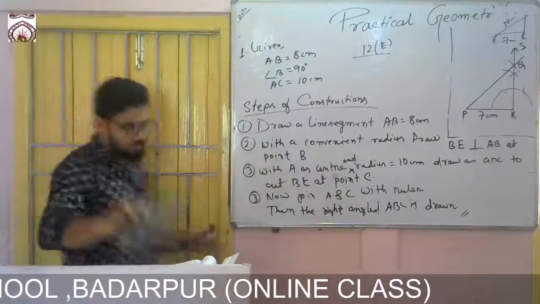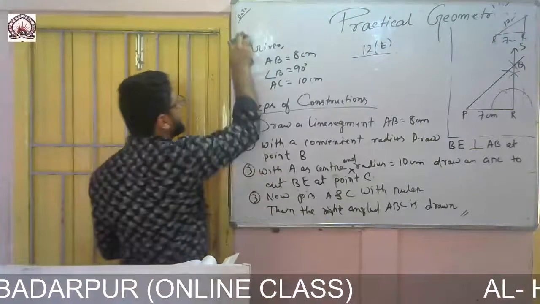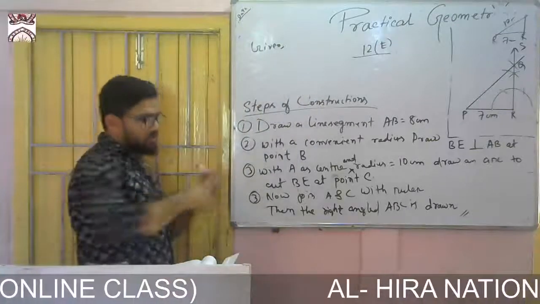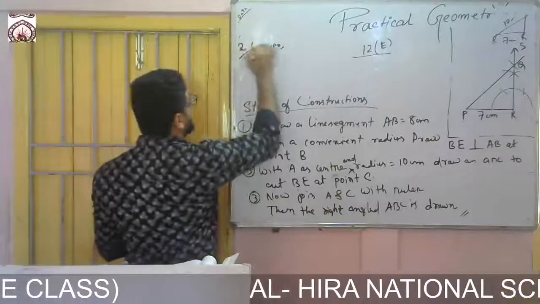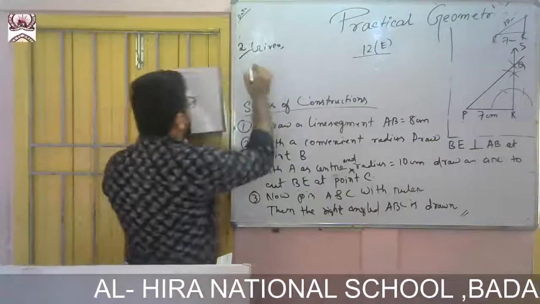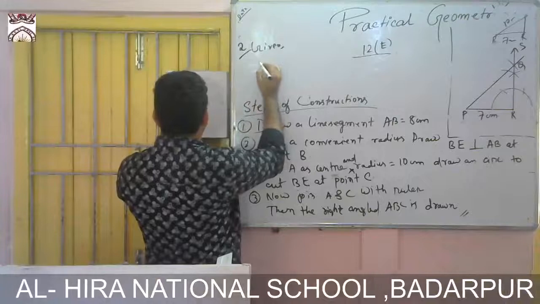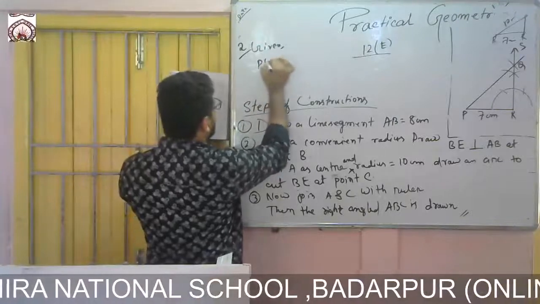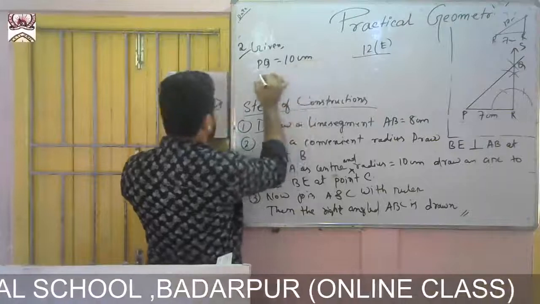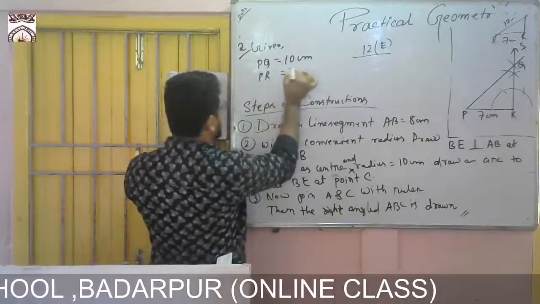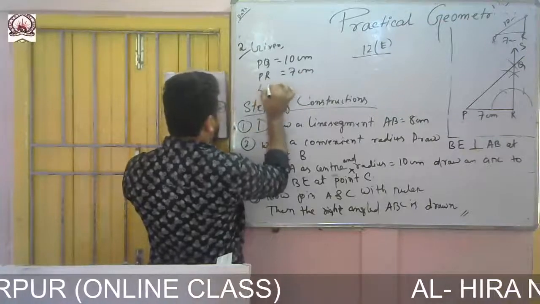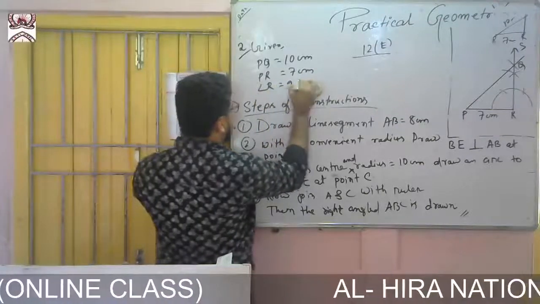Now this is question number 2. Given PQ equals 10 centimeter, PR equals 7 centimeter, angle R equals 90 degree.